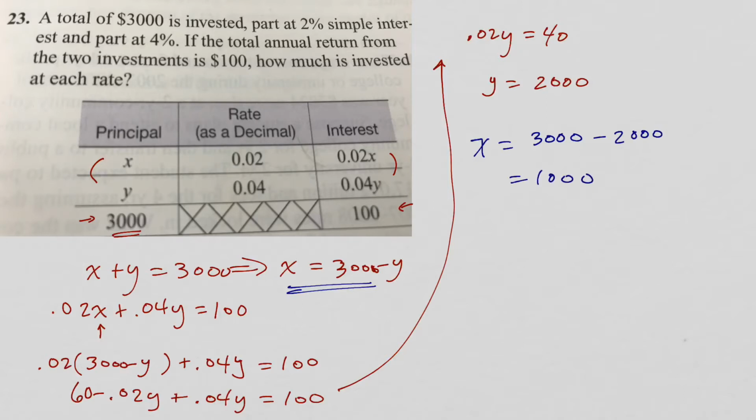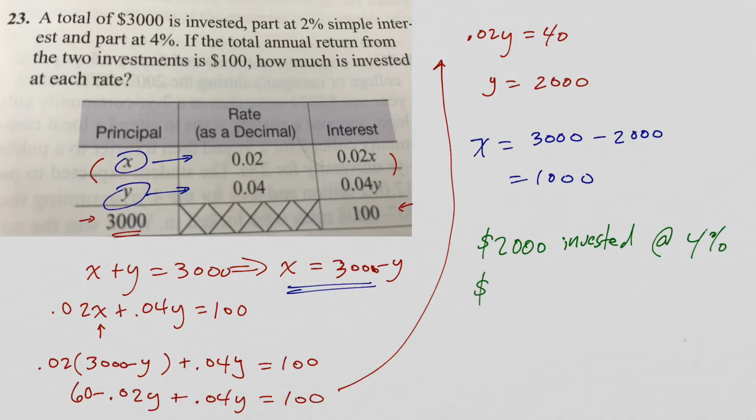So x is the principal invested at 2%, and y is the principal invested at 4%. So our answer, we can write down $2,000 invested at 4% and 1,000 invested at 2%.